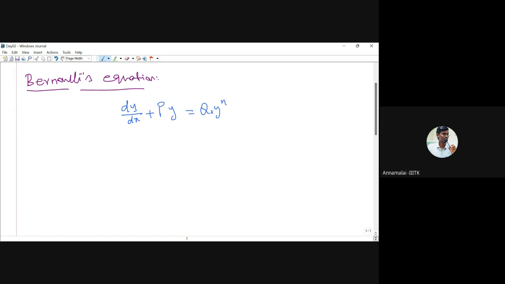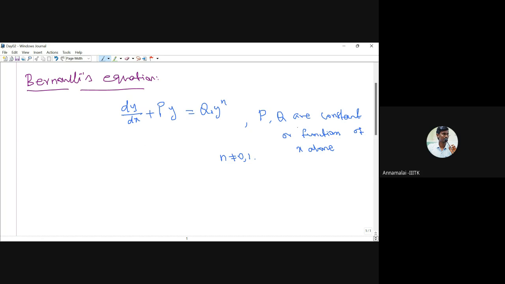This p may be a function of x or a constant, and q is a constant or function of x alone, or y alone. Now this n is any constant, but n is non-zero and not equal to 1. So this equation is called Bernoulli's equation.